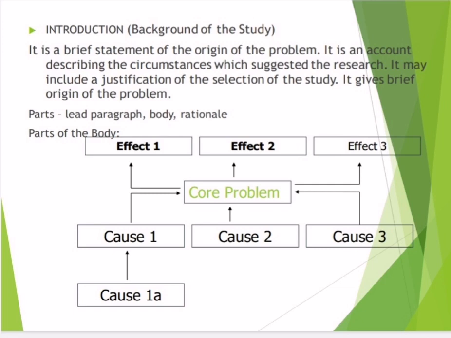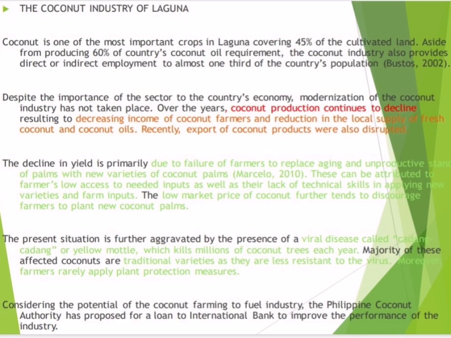All right, so I have here an article wherein there is a problem in the coconut industry in Laguna, and there is a brief statement about the topic, which is the coconut. It says in the first paragraph, coconut is one of the most important crops in Laguna, covering 45% of the cultivated land.